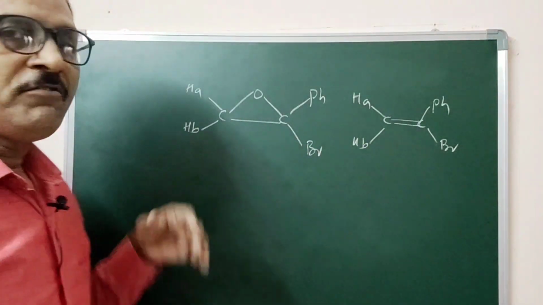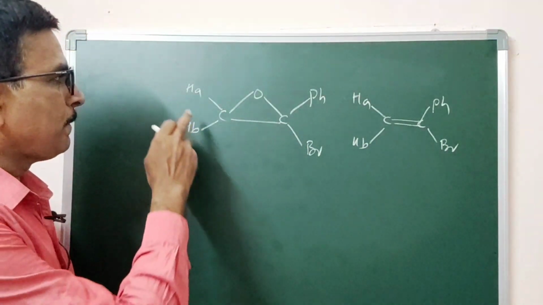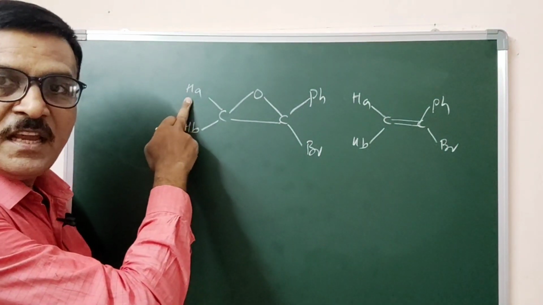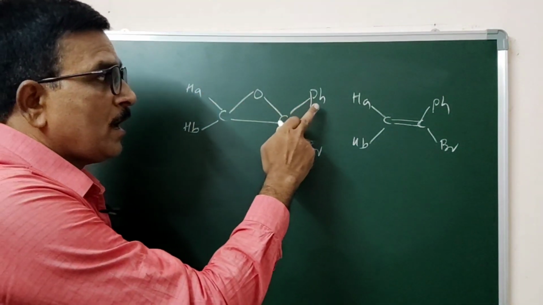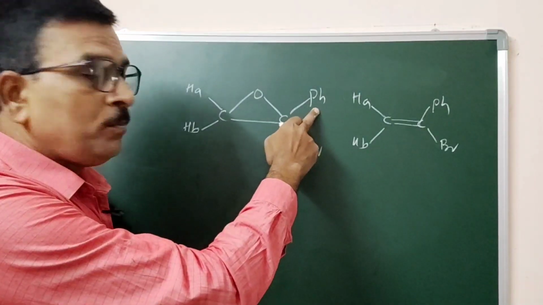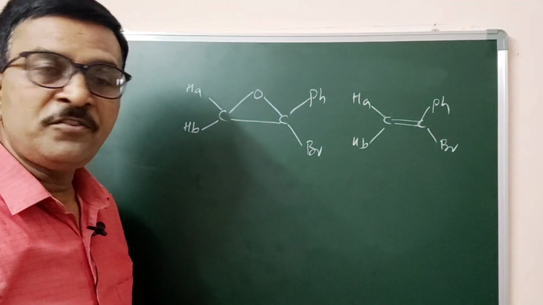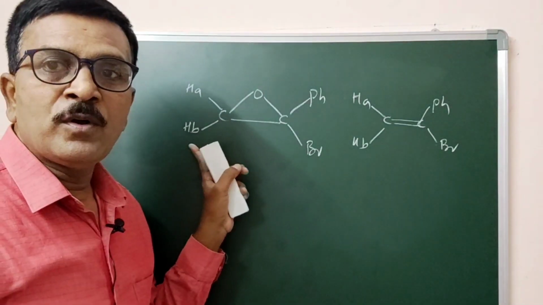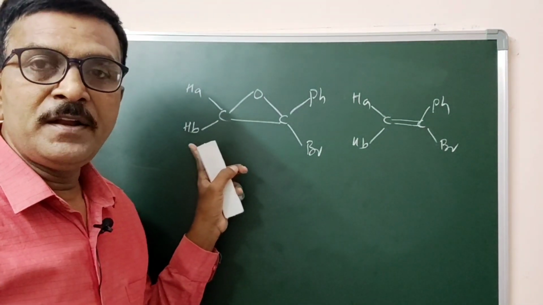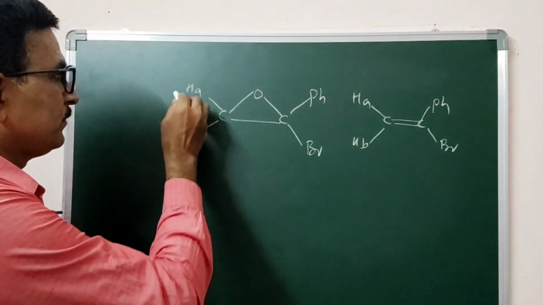Now in the first example you see HA hydrogen is cis to the phenyl group, HB hydrogen is trans to the phenyl group. That means HA and HB protons are non-equivalent, hence coupled.